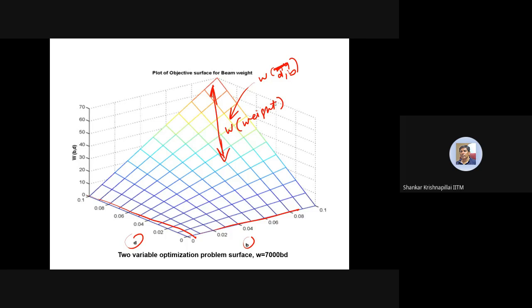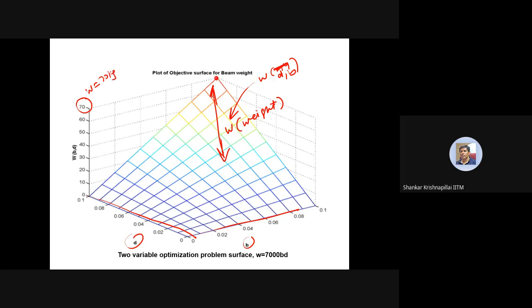This is the plot of the two-dimensional objective function. It is a function of D and B, and it gives a surface. You can see that the maximum weight is 70 kilograms.